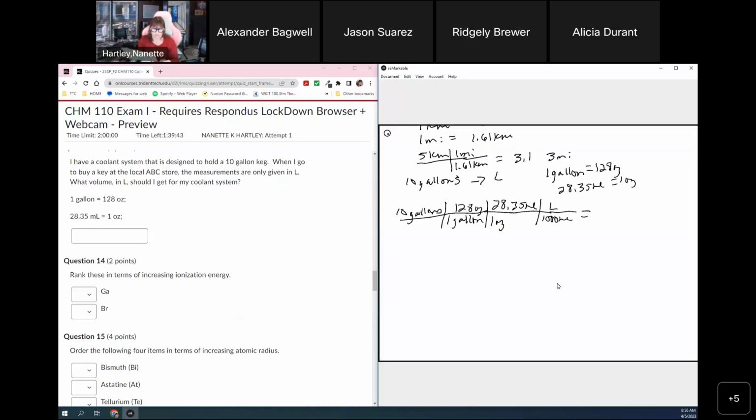One of the other things that I can look at on my exam handouts, I think I saw that 1 gallon equals 3.785 liters. So I can also use that one. So 10 gallons, 3.7854 liters per gallon. Okay, let's cancel there. And either one of those will leave me with an answer in liters.